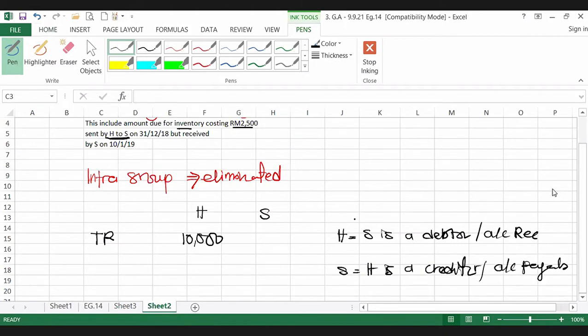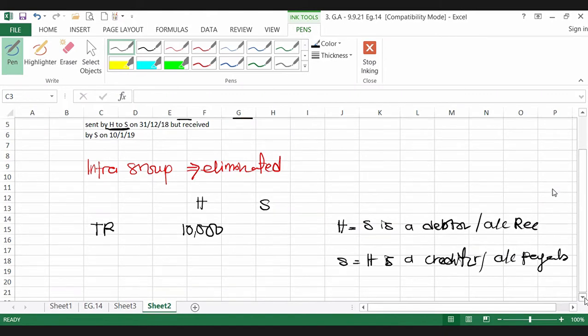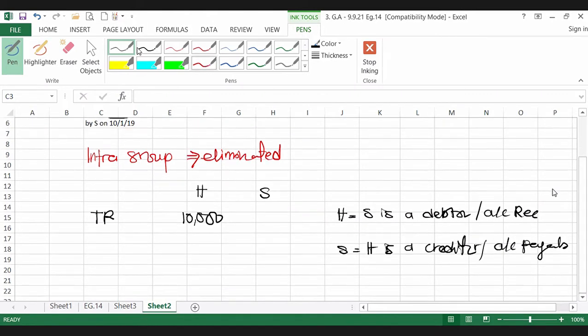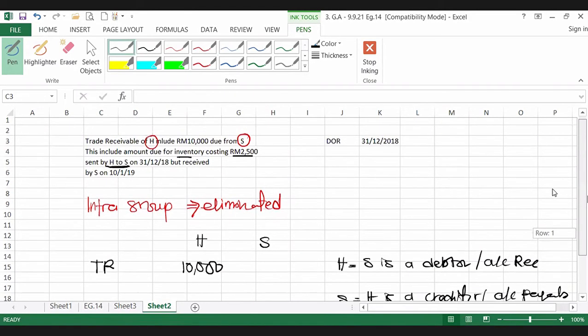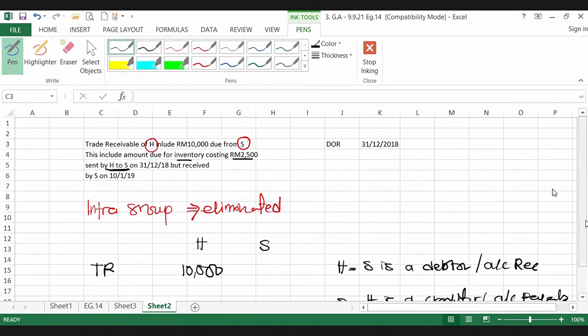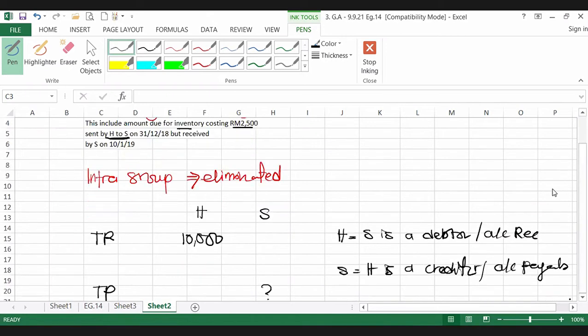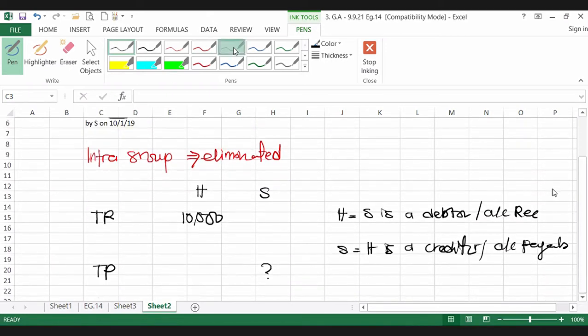So in my question, in the subsidiary books, TP, how much? We do not know. But the question gave you a clue. Why does holding record 10,000? Because he already sent goods in transit.